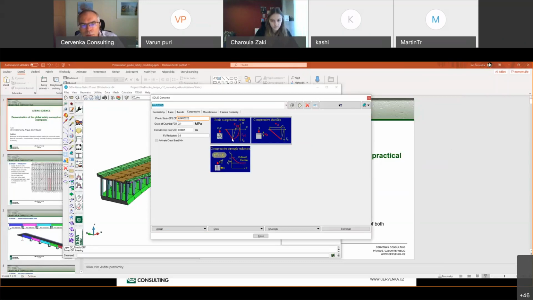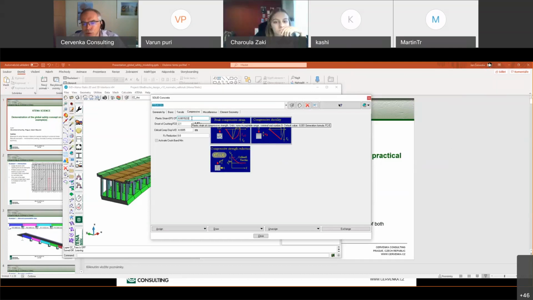In reality, we may not see softening because we may have a 3D effect. So there may not be softening, there may even be hardening. But when these strains are larger than this epsilon CP, we understand that the concrete has really reached the crushing stage, the crushing state.